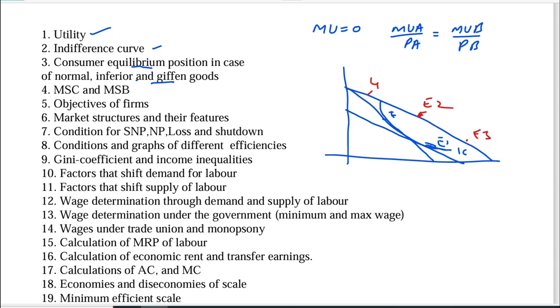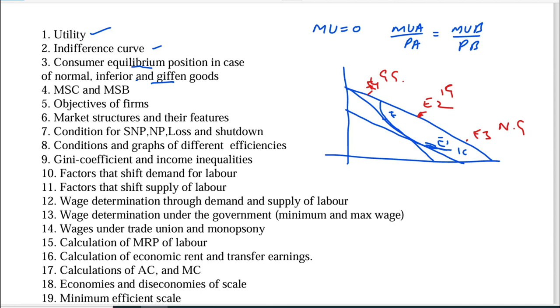So these three equilibriums are important to know. E3 takes place when the good is normal good, and E2 takes place when it is inferior good, and E4 takes place when it is a Giffen good, right?